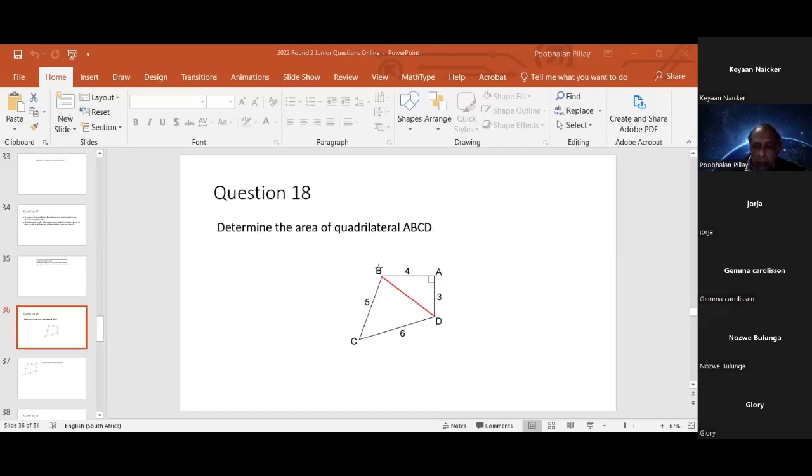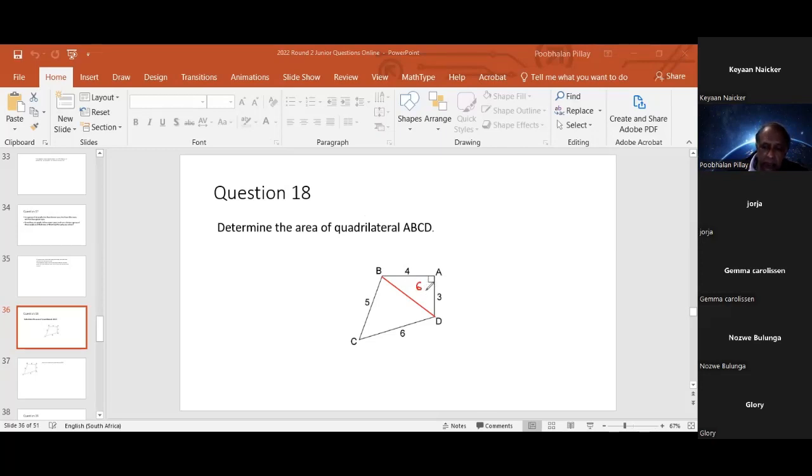I deliberately chose this diagonal because I know how to find the area of a right angle triangle. So I draw this and I can work out the area of this right angle triangle. Half base times height. 4 times 3 is 12, divided by 2, and the answer is 6.